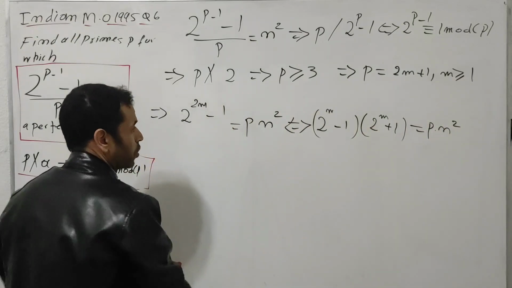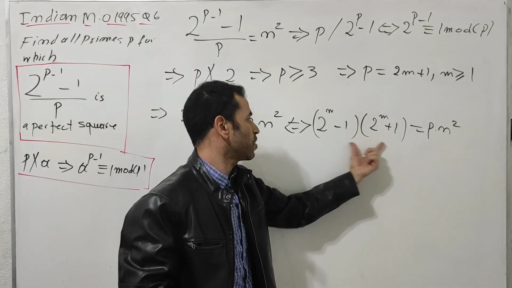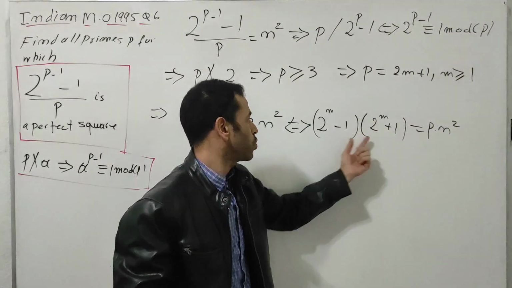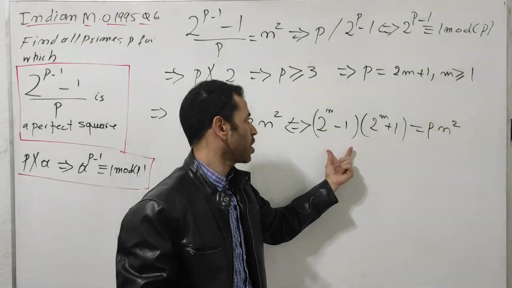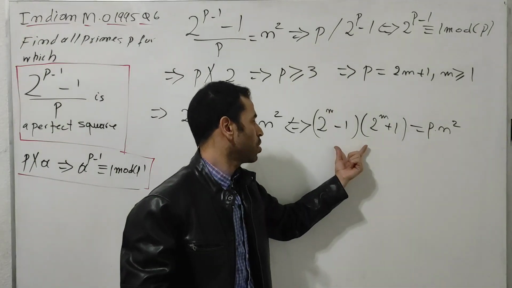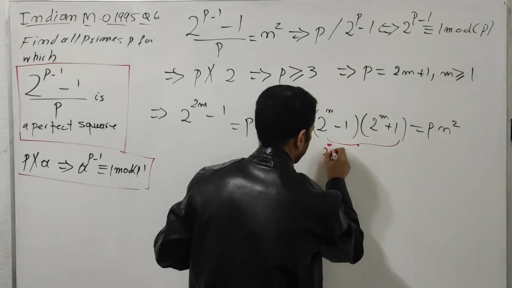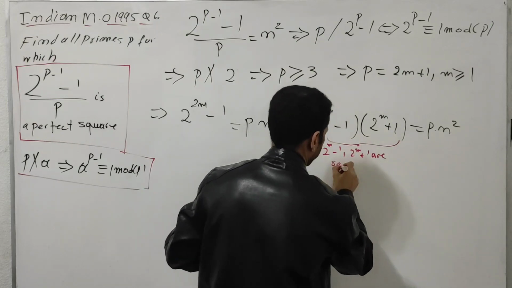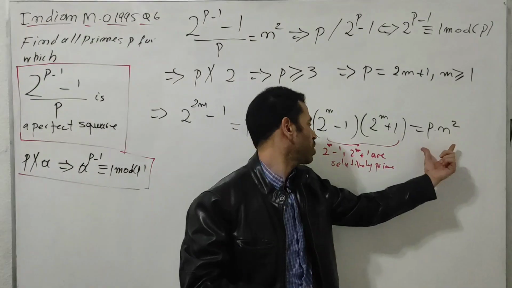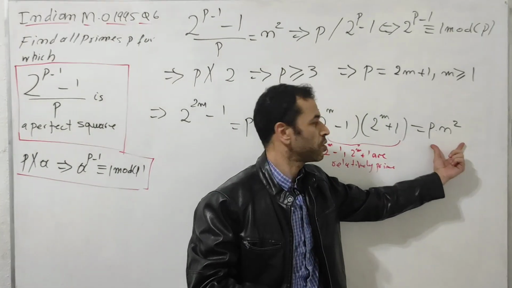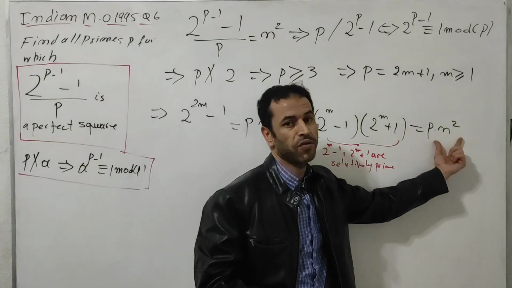If you take a look carefully, these are two consecutive odd numbers: 2 to the m plus 1 and 2 to the m minus 1. Both numbers are odd. So they are relatively prime. Since they are relatively prime, the right hand side must be split accordingly.